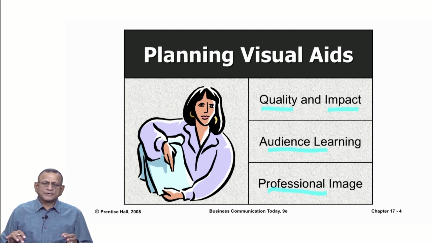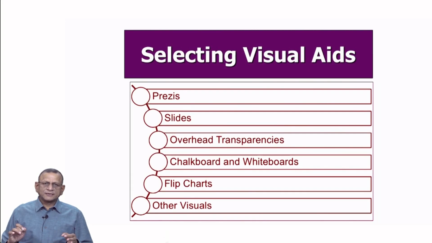So, what kind of visual aids do we have? We have a few options. The one is Prezi. This presentation may have a linear approach and may have a non-linear approach. In the case of PowerPoint, we follow a linear approach, means we move from one slide to another slide to another slide, and it's sequential.